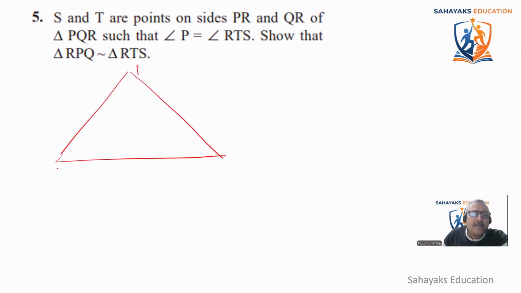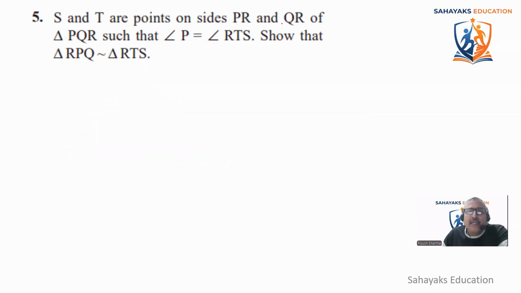Let's say P, Q, and R. So I'll say this point is S and this point is T. S and T are points on sides PR and QR. The point T is on QR. So I just have to clean it up. So S and T are the points on the sides PR and QR. So I'll just make a triangle PQR first.